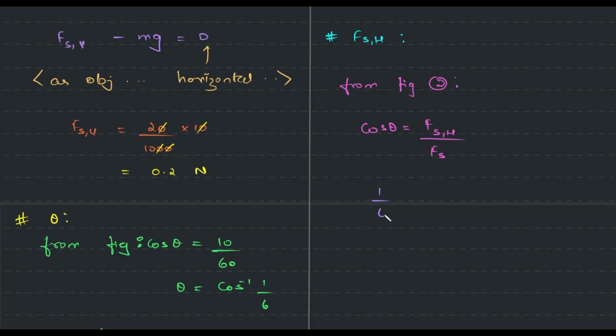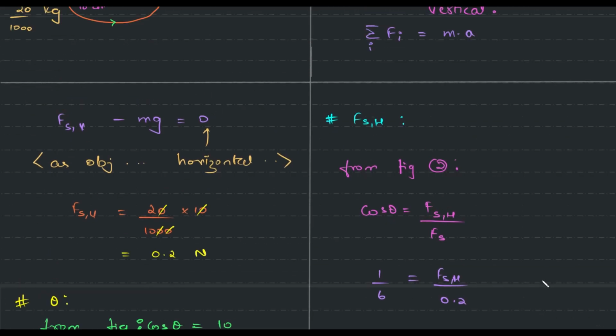So the component FSH is what we are trying to figure out, and this is 0.2, and we have FSH is equal to 2 by 60, so 1 by 30, which is equal to 0.03 Newton. Okay, so we figured that out.